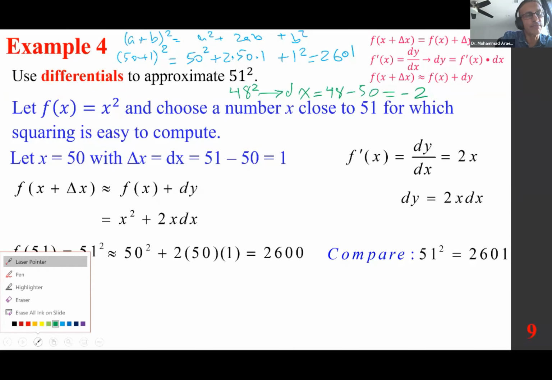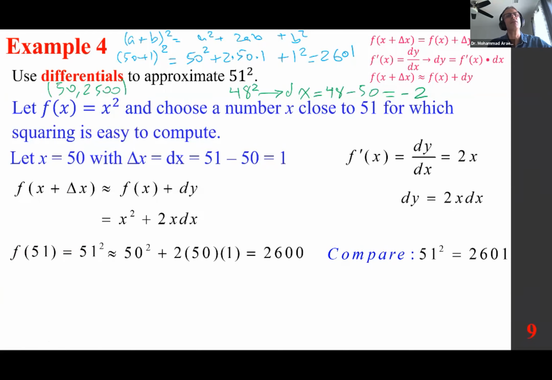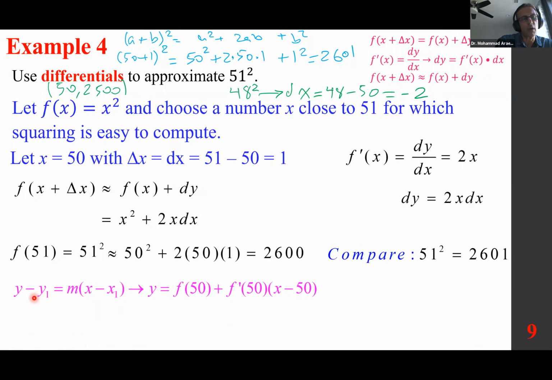In which case, you need the pair 50, comma 50 squared, which is 2500. And you really want to stick with this formula, again, y minus y1 equals m times x minus x1. This one is just to follow the linearization formula. You don't have to. Just write this one, y minus 2500 equals m.